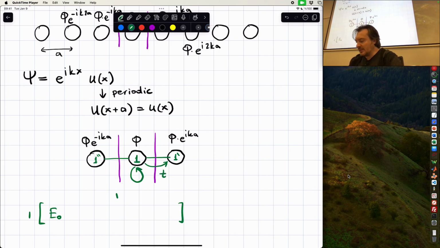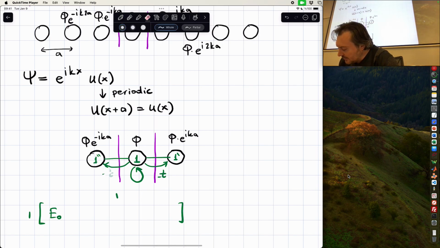When it comes to t and minus t, in terms of these overlaps, it's actually modified. Before, we would just write minus t, but this time we are going to write minus t times e to the ika in this direction and minus t times e to the minus ika in this direction.